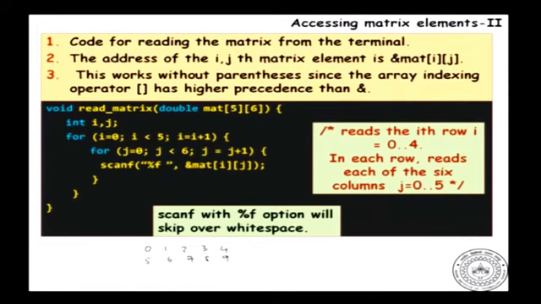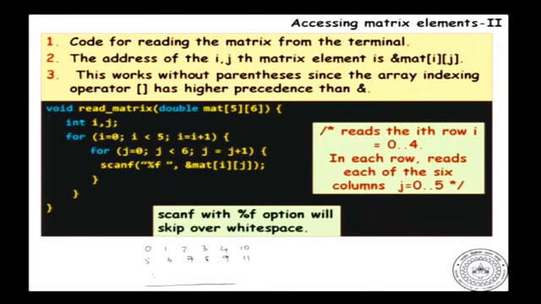So, 5 rows. Each row is entered in a line, and each line has 6 entries. Let us call this maybe 10 and 11. So, each row has 6 entries and there are 5 rows.